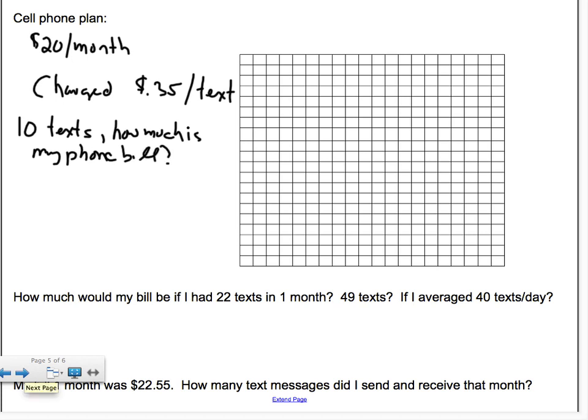How'd you get that? $20 a month and 10 texts, so it's $20 plus 10 times 35 cents. Does that make sense? Yes? 10 texts, that's 350 cents, so it's basically 20 plus 3.50, which is equal to 23.50.